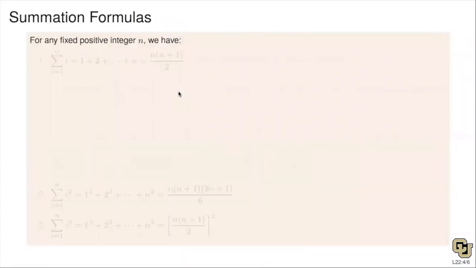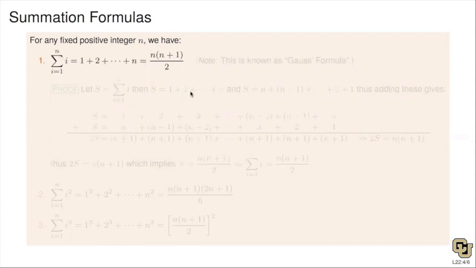Let me give you two more summation formulas. These are formulas that calculate the sum for us. Instead of expanding the sigma notation and doing the addition, this is a shortcut formula. This first one is a famous one, known as Gauss's formula. First look at the sigma notation, sigma of I going from 1 to n.